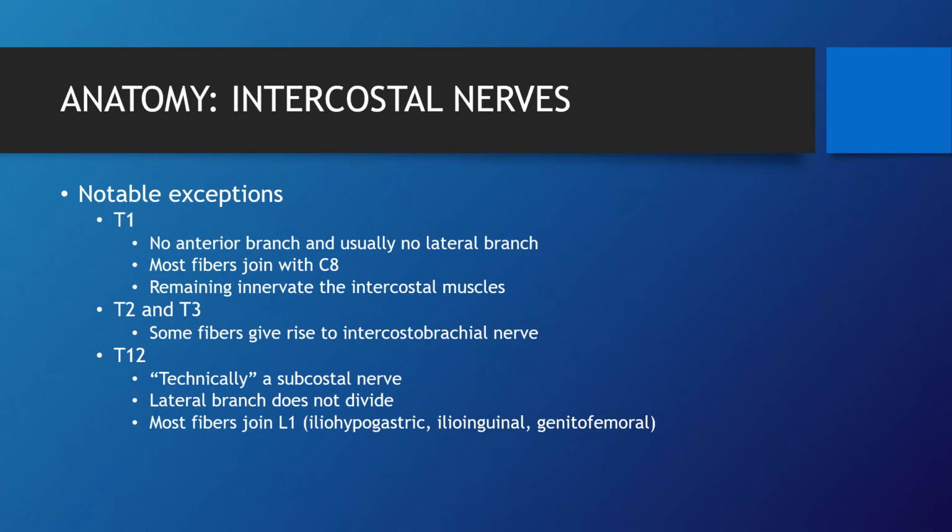And then T12 is technically a subcostal nerve because it's not between two ribs. Also, the lateral branch does not divide into an anterior and posterior portion, and most of this joins L1, where it forms the iliohypogastric, ilioinguinal, and/or the genitofemoral nerves.